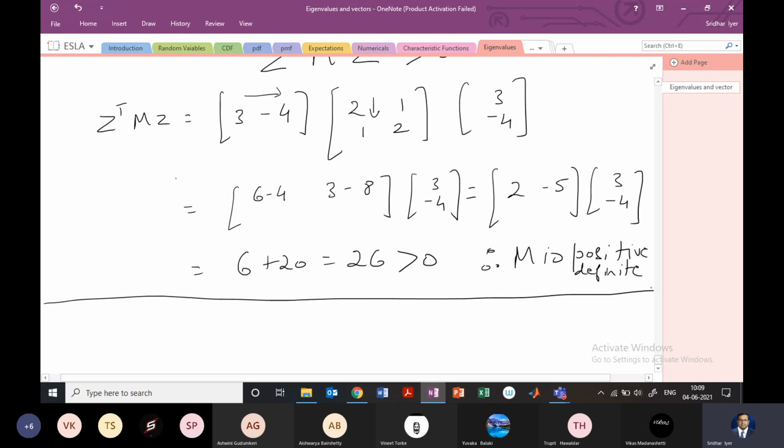So these are the only type of questions which we will get in terms of positive definite matrices, right? There are a few properties of the matrix.